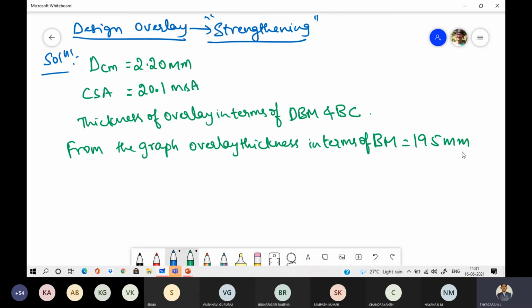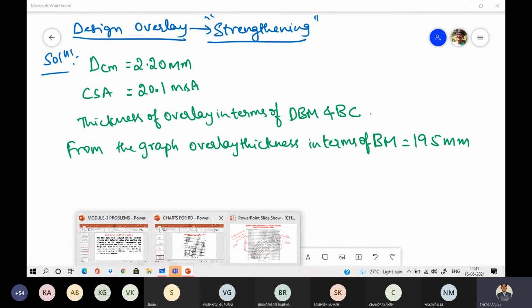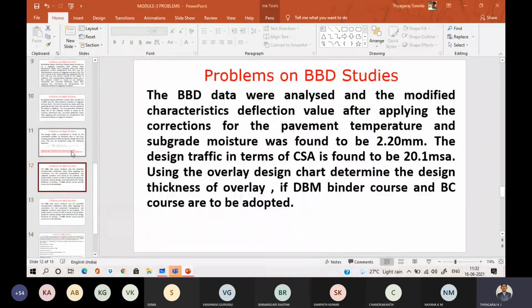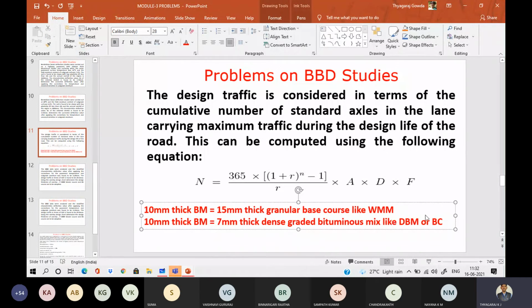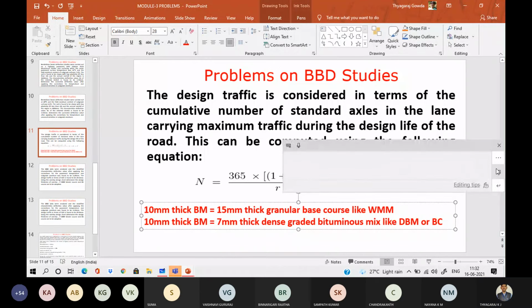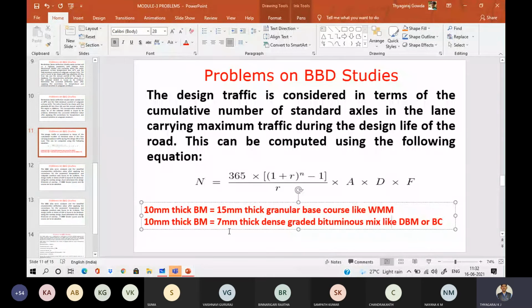Note down this one. 195 mm. Now you observe here, 10 mm thick BM is equal to 7 mm thick DBM, dense graded bituminous mixes like DBM or BC. Is it clear? Are you getting my point?